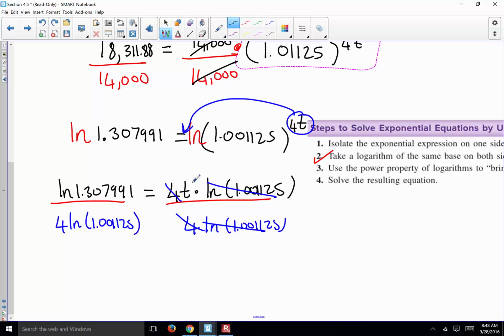Alright, I need somebody to do this. Take ln of these numbers and divide them. 0.0007.